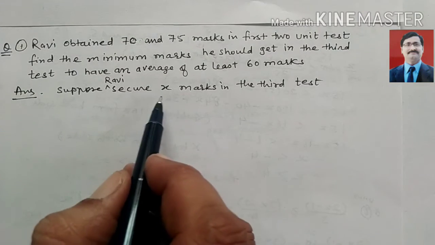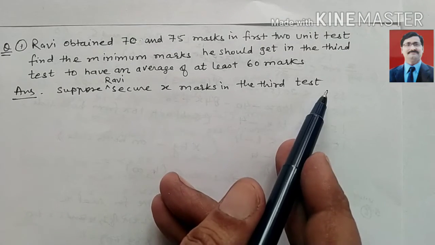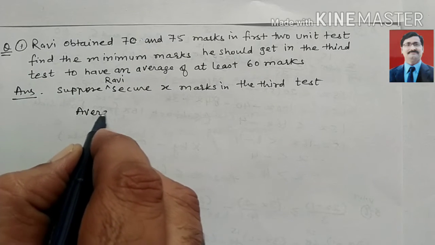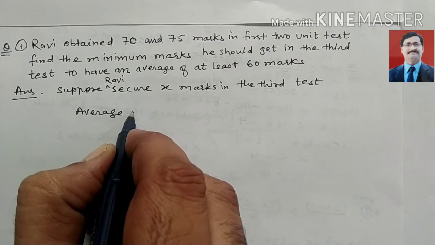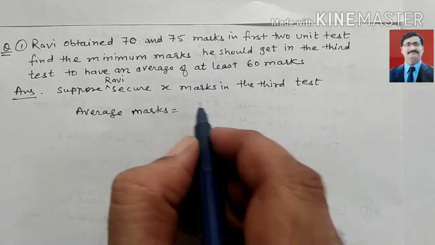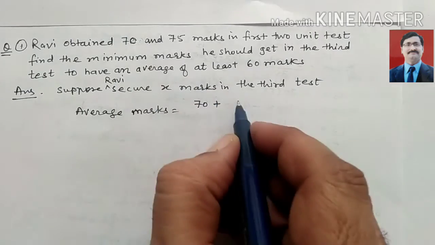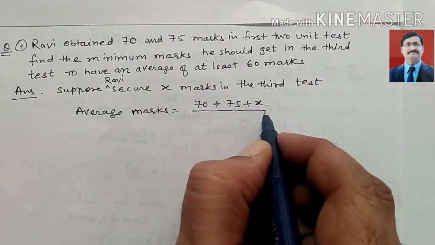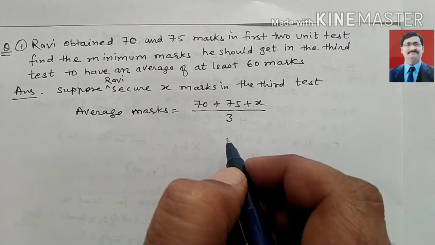Suppose Ravi secures x marks in the third test. So then the average marks of Ravi: first is 70 marks, second is 75 marks, and third is x marks. And average means we have to divide by 3.